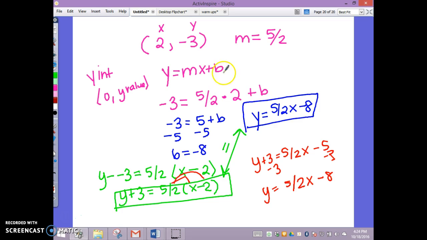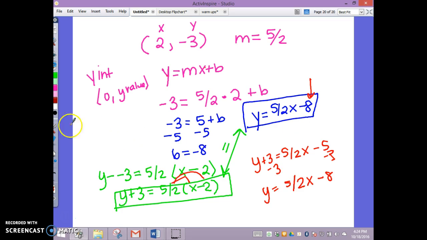When you're asked for slope-intercept form, you have to find b. That's part of it. If they don't give you b, you gotta do the work to find it. There are 2 ways you can do it. You can plug in x and y, solve for b, or you can use point-slope form, get y by itself.